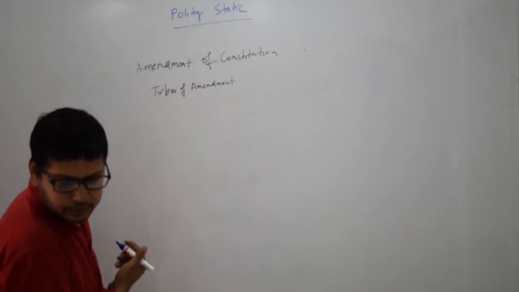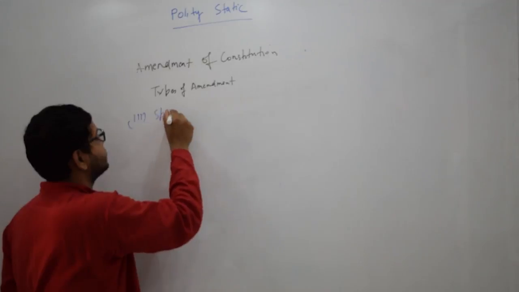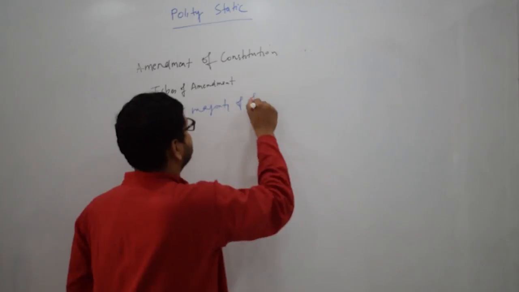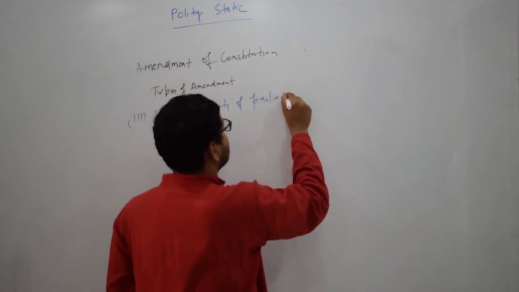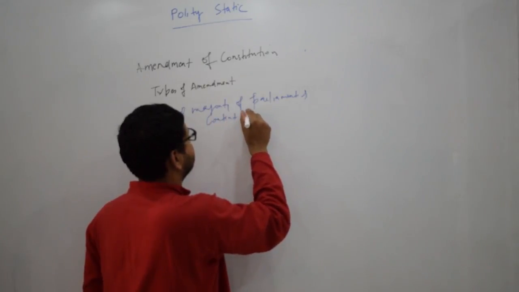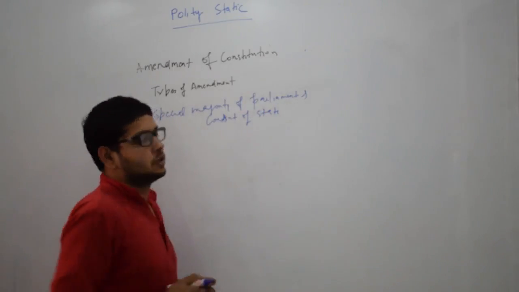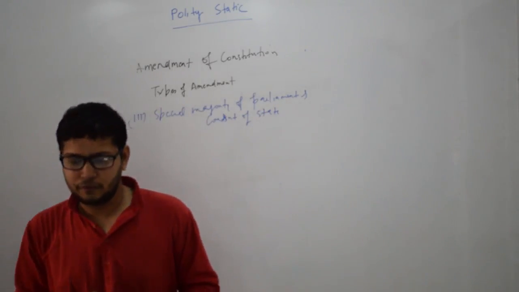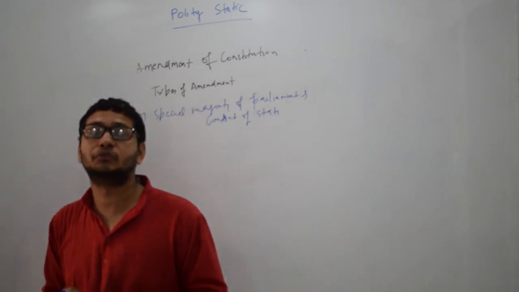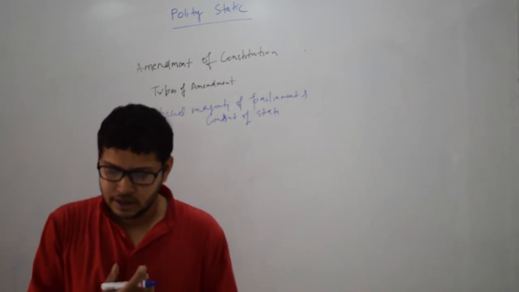Third is special majority of parliament and consent of the state. So in this case, the first thing is that the parliament has to pass by 2/3 present and voting plus 50% of the majority of the seats.